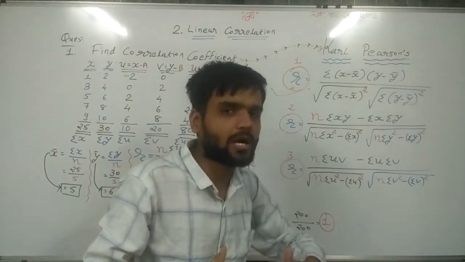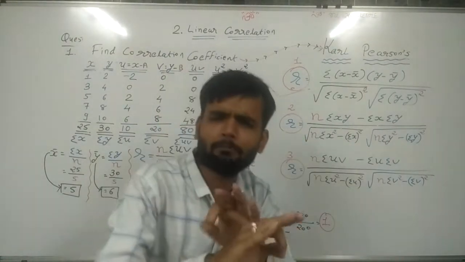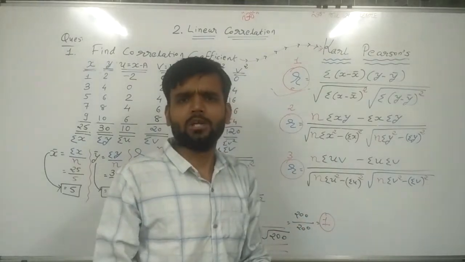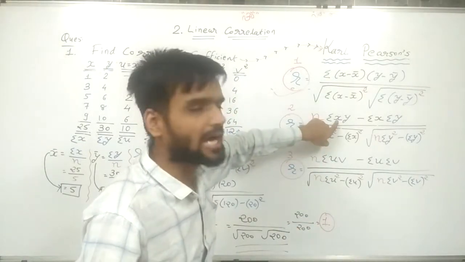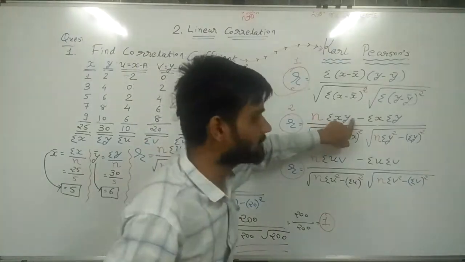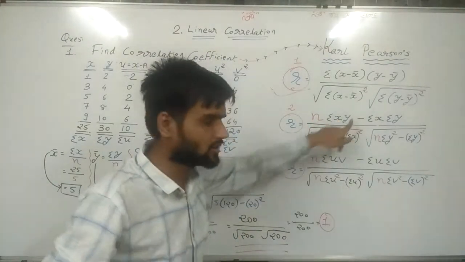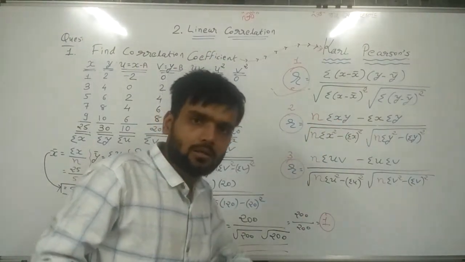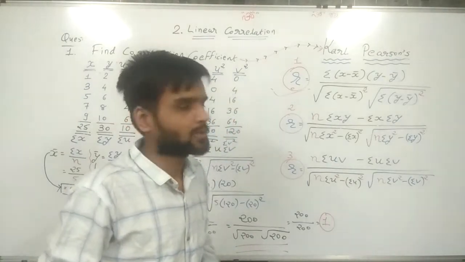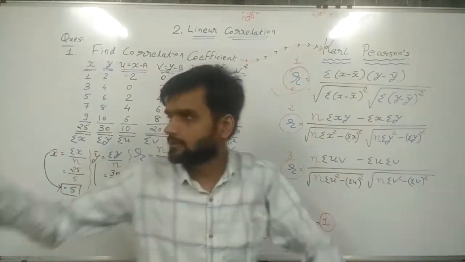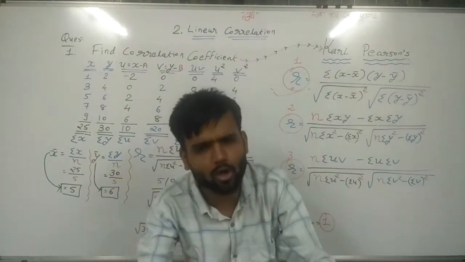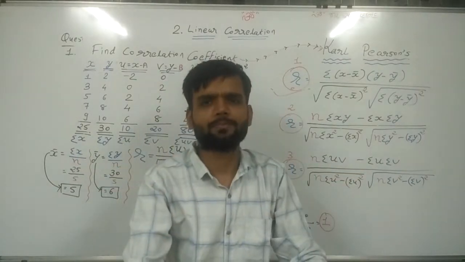Now how can we find the third formula? The simplest method: replace x by u and y by v. We get the third formula, the last formula. This same sum is already solved by the first two formulas.